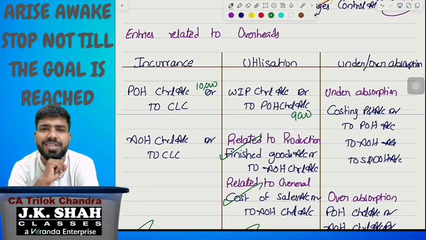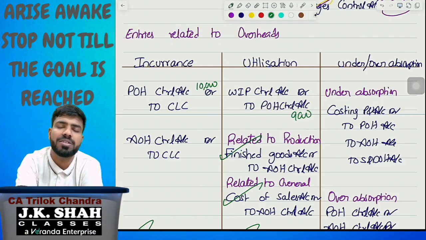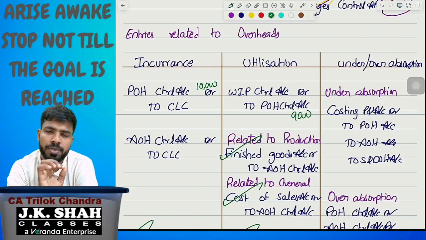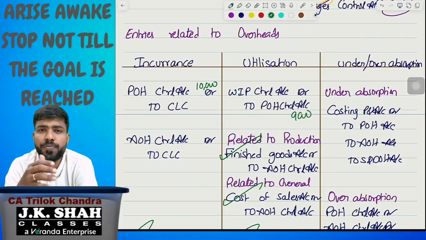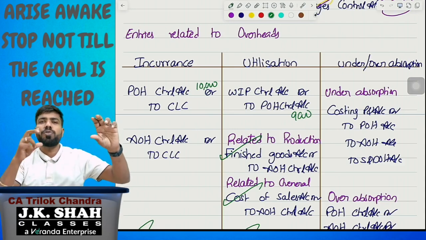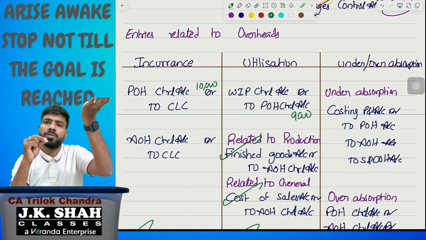It will not be there in the financial books. Actual amount incurred is 10,000 rupees, but cost is under accounted, that is 1,000 rupees has been under accounted. If it is under accounted, now we need to account for that. 10,000 rupees to be accounted, but accounted only 9,000. When you account less cost, profit is showing more.